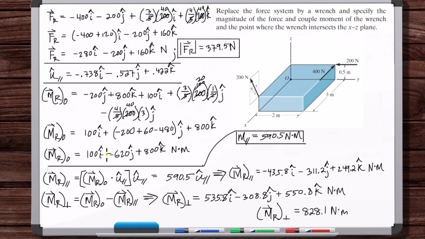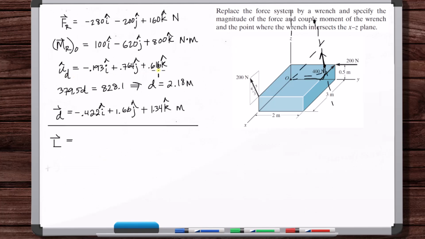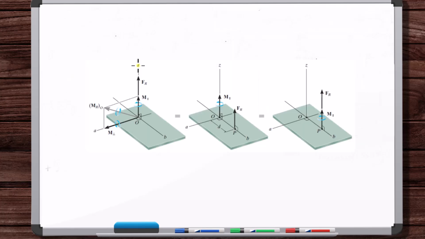We multiply D by this unit vector in the direction of D, but we could have multiplied D by the positive or negative direction. So how did we choose the right direction? We know this is the direction that's perpendicular to the plane containing the couple moment and the force vector. But do we go in the positive or negative direction? Since we did FR cross the couple moment, we found the right direction. You can do this exercise on your own to see why it's the case.